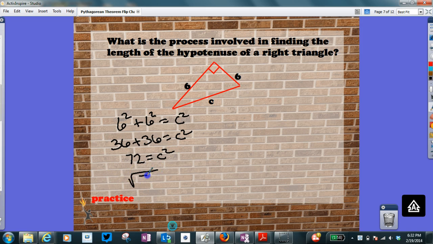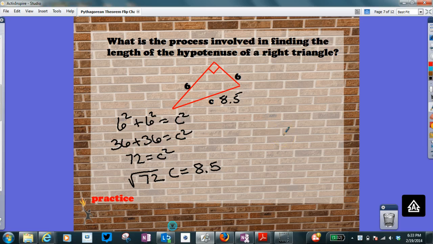Take the square root of 72. When I do that, I'm going to get another long decimal. Right now, we're just going to keep leaving it in this form. So C is going to equal 8.5, because you actually come up with 8.48, and I just rounded up to the nearest tenth. So in this case, 8.5 is your hypotenuse.